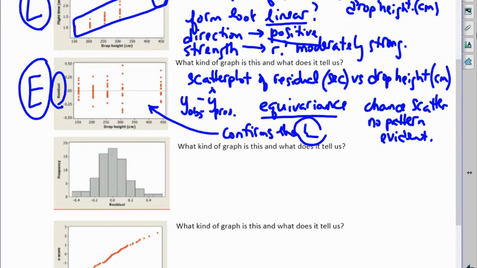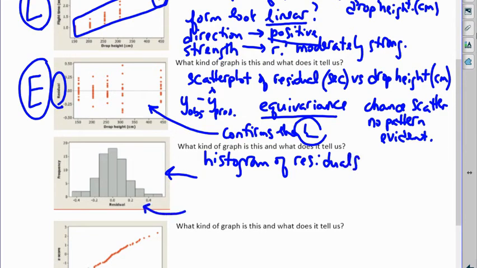Okay, what's this graph? This is a histogram of the residuals. So it's just the residuals down here, their units being seconds. And it's a count of how many residuals were in these intervals, these bins. And so I probably have my residuals in L4 of my calculator, and so I'm doing a histogram of just L4.